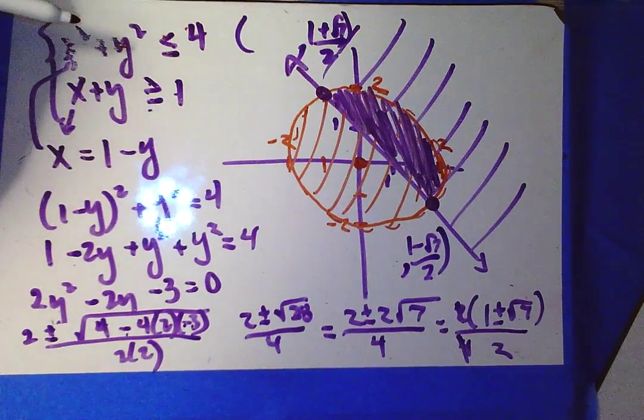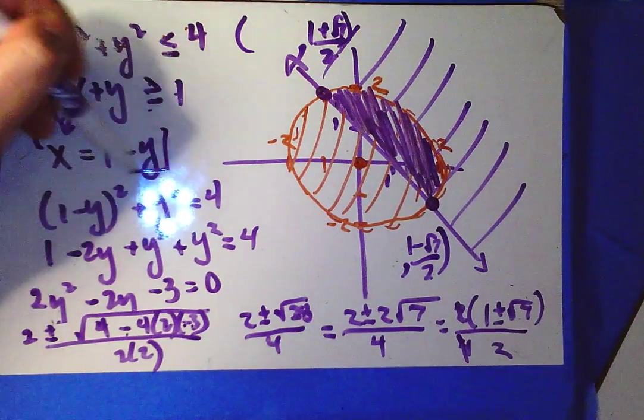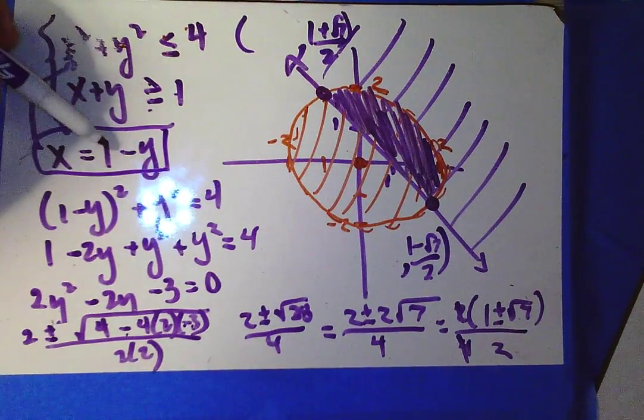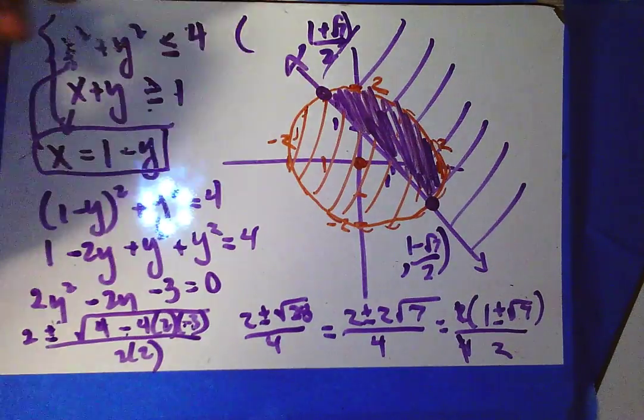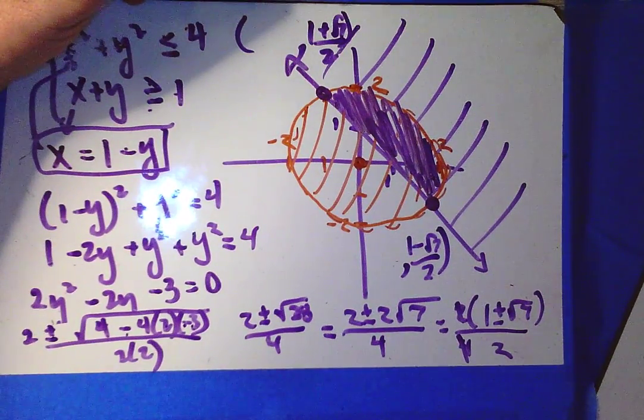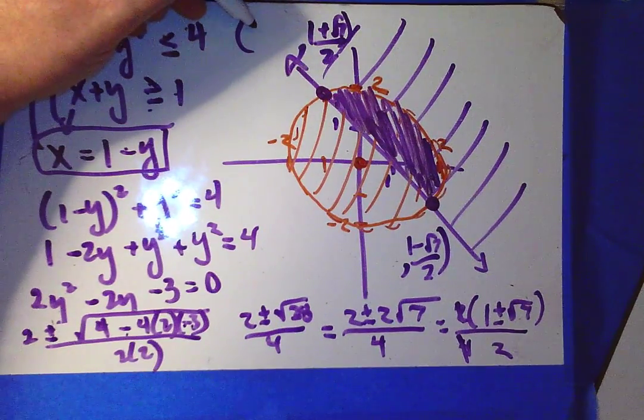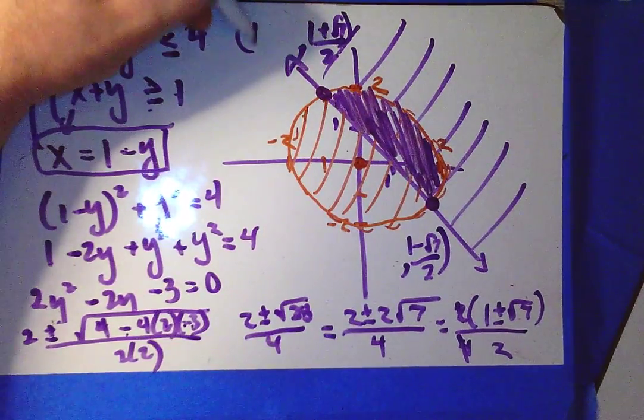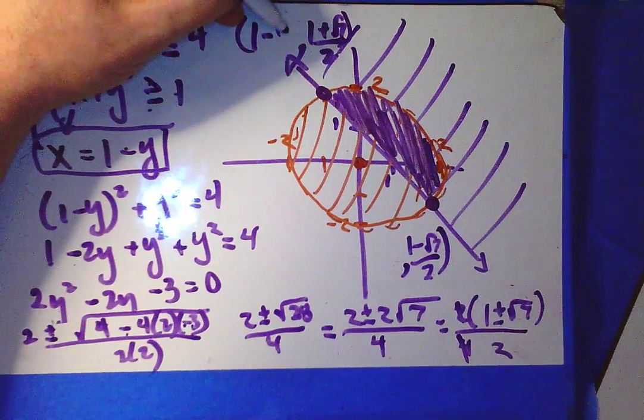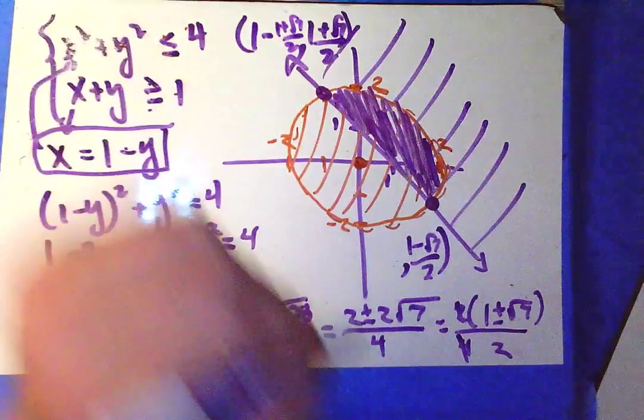But how are we going to find those x values? Well, I could use this. Here it is. It's already solved for x: 1 minus y. Well, it's a Sunday night, and I can imagine that you don't want to play this game, so I'm just going to take 1 minus my y value. 1 minus 1 plus root 7 over 2.